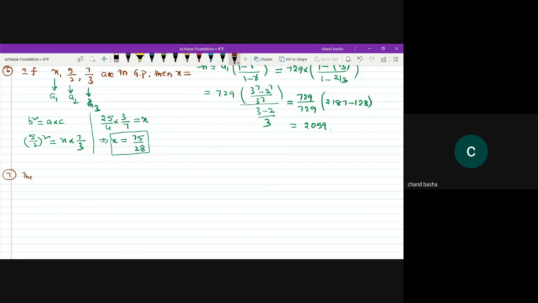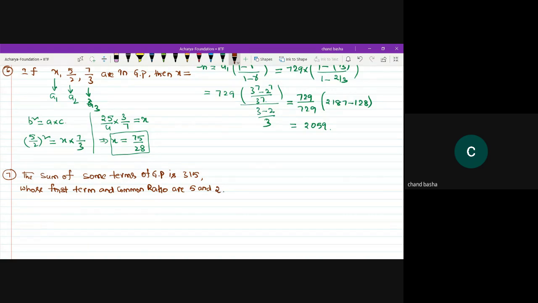The sum of some terms of a GP is 315, whose first term and common ratio are 5 and 2 respectively.